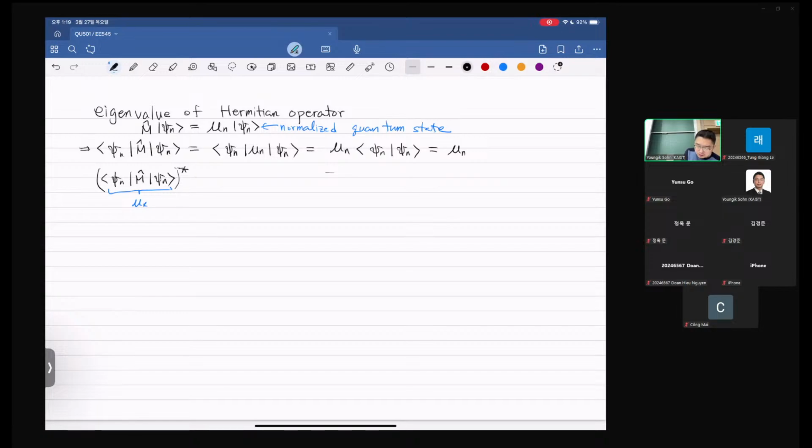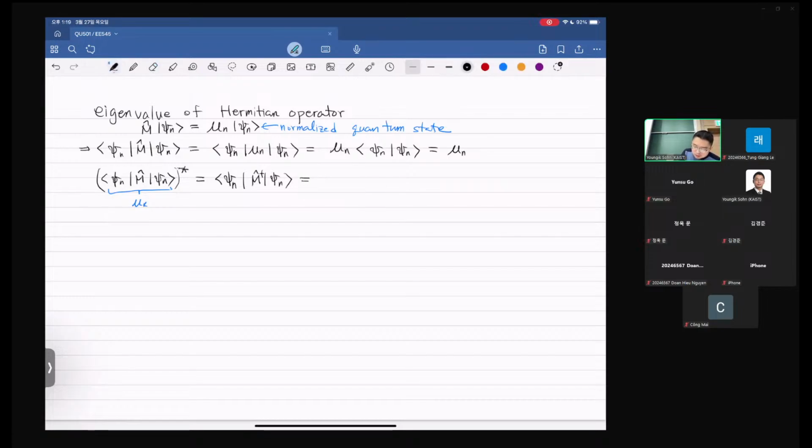And for this number, if you take the complex conjugate, psi n, M, psi n, sorry, it's supposed to be dagger, right? So I did that thing again. Apply the complex conjugate, the M dagger is there, and then what do you get?